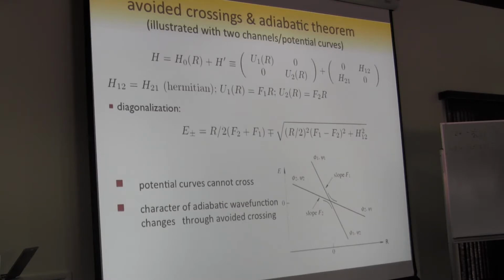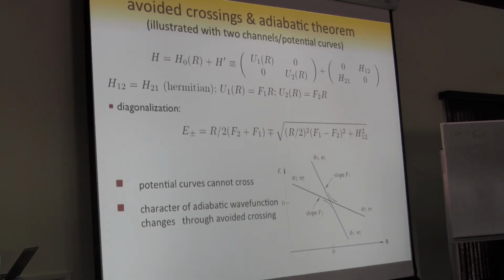And then you can diagonalize that very easily, right? And you get the new energies, with F2 plus F1. And then, of course, you have a quadratic equation. You get 2 energies, it splits into a lower and higher energy, with the square root of the determinant here.